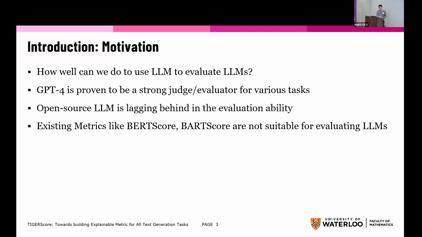However, on the other hand, open source large language models are lagging behind in evaluation ability. You don't see anyone using a very small large language model to evaluate another LLM, right? The evaluation ability needs a more powerful LLM itself than GPT-4.